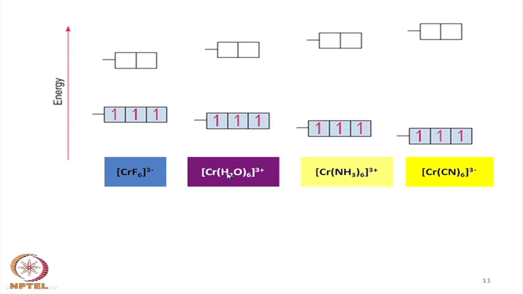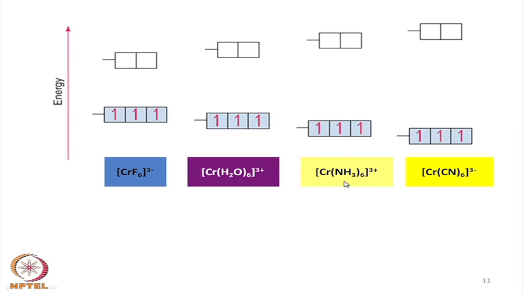Then water is stronger than fluoride and ammonia is further stronger than water, because when the trivalent chromium, the chromic salt, is dissolved in water, we get the corresponding hexa-aquo compound.